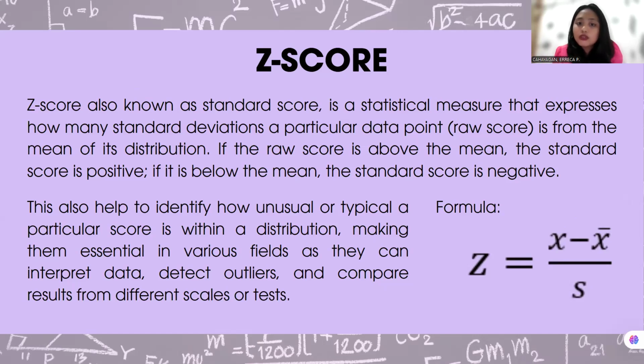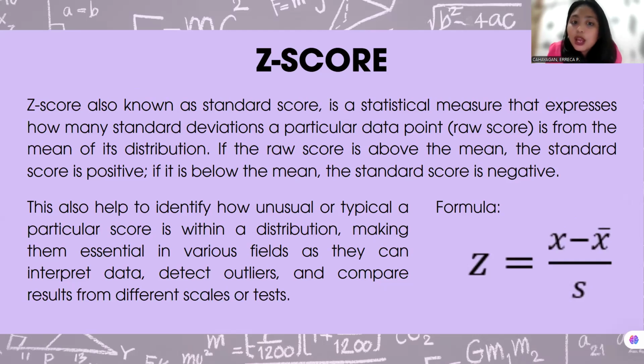Just knowing your raw score doesn't tell you the whole story, because maybe the test was too easy or maybe everyone just scored high. A z-score is here to help you know that.